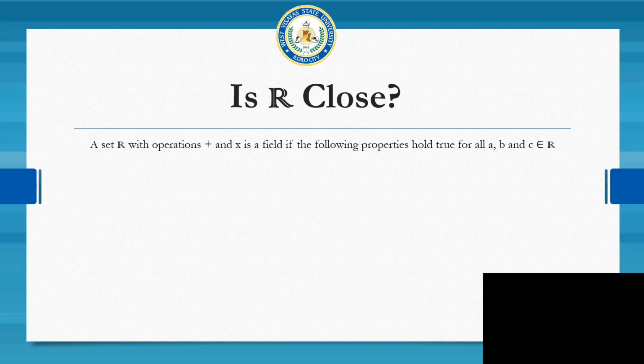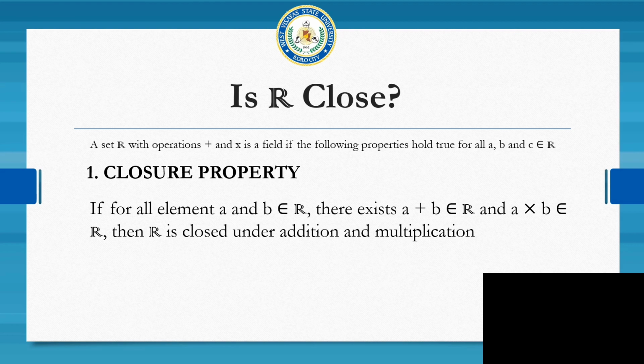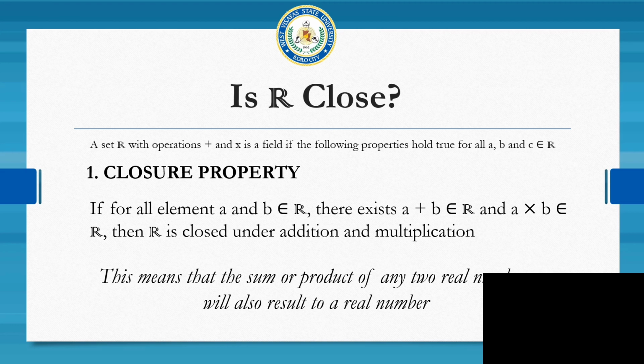The set of real numbers with operations addition and multiplication is a field if the following properties hold true for all A, B, and C elements of R. If for all elements A and B of the real numbers, there exists A plus B, which is an element of R, and A times B, which is also an element of R, then R is closed under addition and multiplication. This means that the sum or product of any two real numbers will also result to a real number.